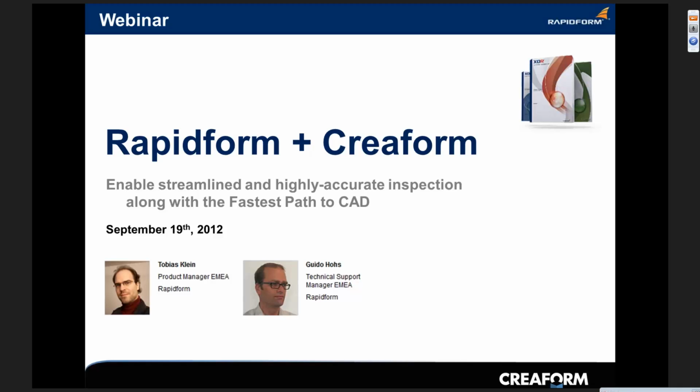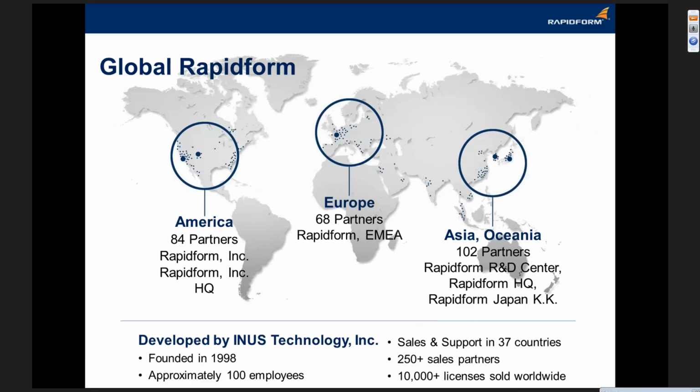So now basically the Rapidform company is in three main areas of the world. We have our headquarters, which is Einus Technology Inc. in Seoul, South Korea, and they cover Asia and Oceania with 102 partners.